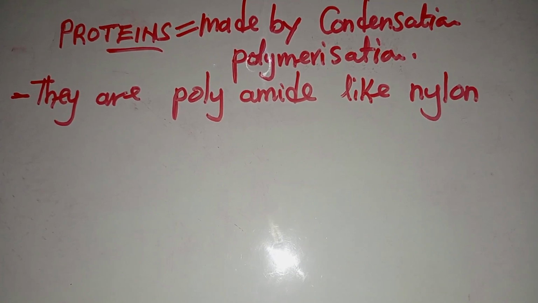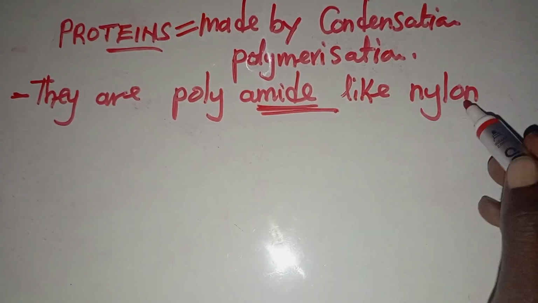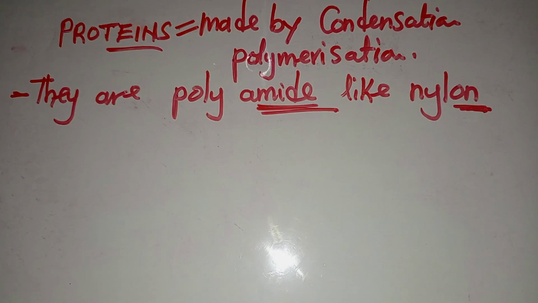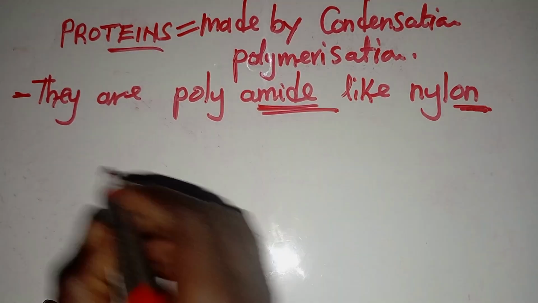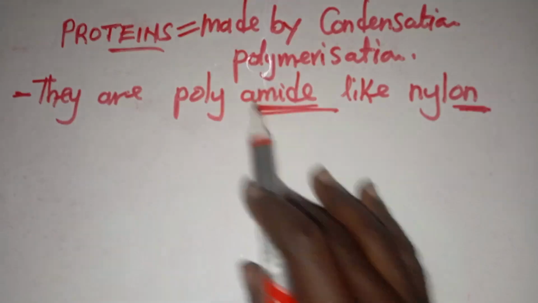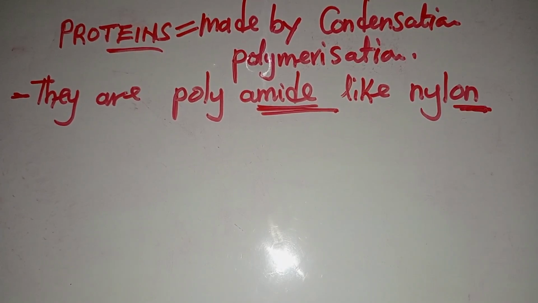You discover that the structure of these two are similar. So they are polyamide, like nylon, because they contain amide linkages. They may ask you, why is it that a protein is a polyamide like nylon? Because it contains amide linkages.